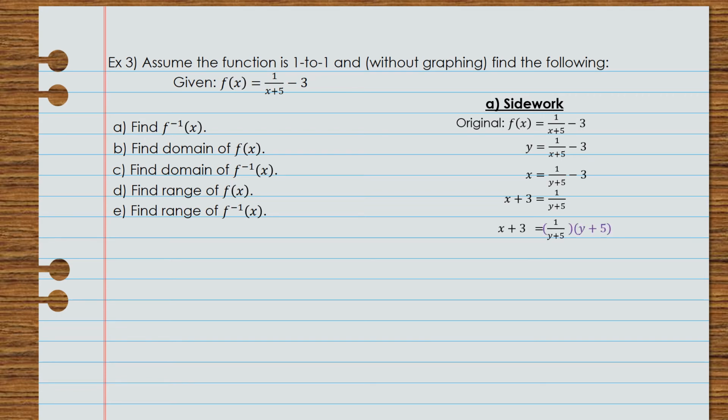So we will multiply the right side and the left side by y plus 5. Now on the right side, notice y plus 5 in the top and y plus 5 in the bottom, those reduce. On the left side, leave it as you see it. So we have y plus 5 times x plus 3 equals 1.